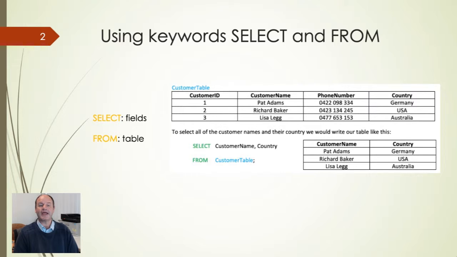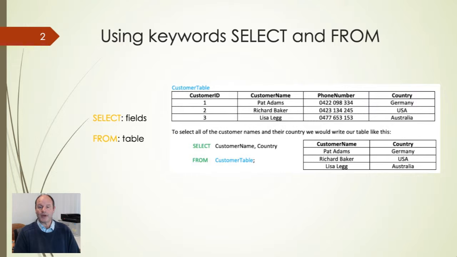In this example, we have a table called Customer Table, which has 4 fields: Customer ID, Customer Name, Phone Number, and Country. If we want to choose, say, Customer Name and Country, then we need to select them from the Customer Table's relation.